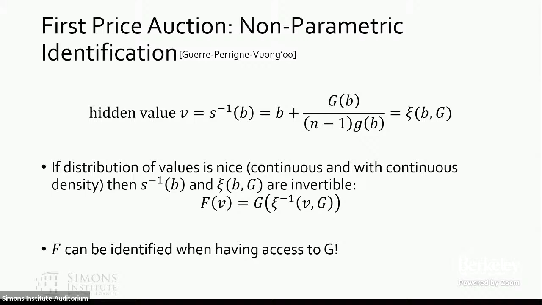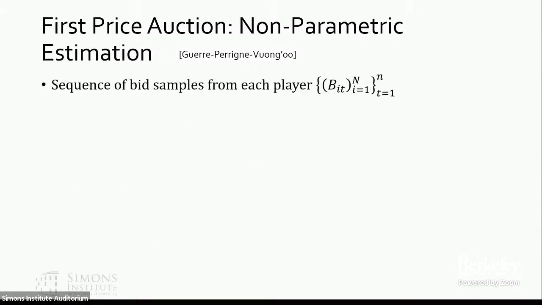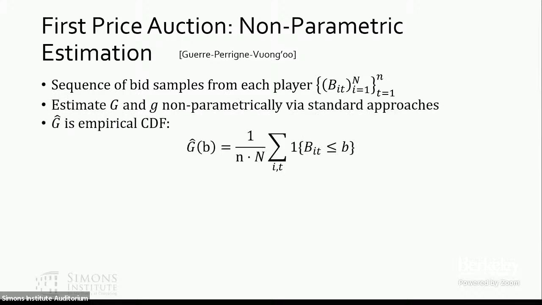Then this gives also rise to a reasonable estimation strategy. Given that you told me that if I give you the CDF and the PDF of the distribution of bids, then I can roughly get approximate samples of the values of players. What I can do to estimate, I can estimate the empirical CDF given an empirical distribution of bids.